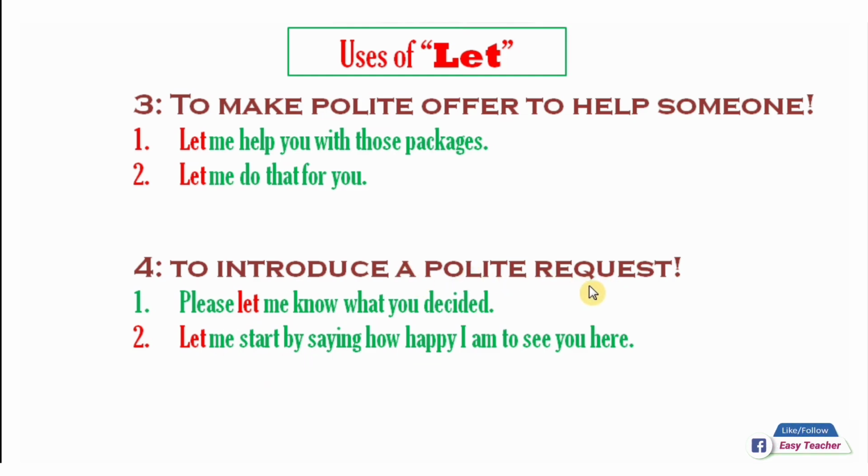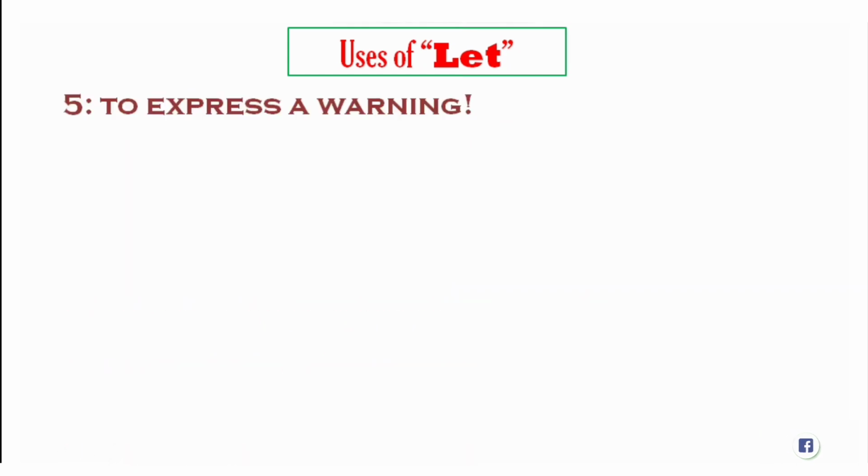The next main use of let is it is used to express a warning. For example, just let her try to do it again. It means she will not do it again. If she does it again, she will have to face the circumstances.